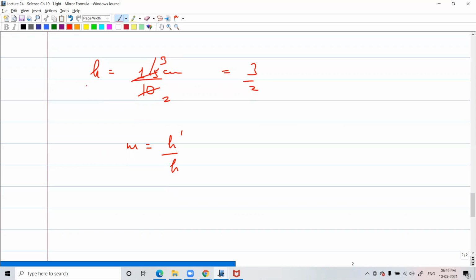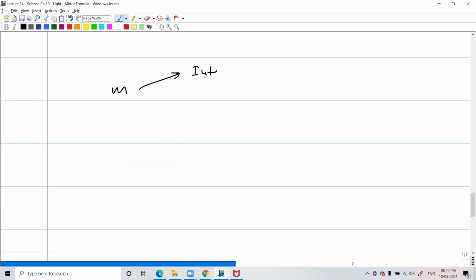What I was saying is, let's understand this magnification in one more layer. Let's peel one more layer of this magnification. So I said, if m is an integer, that means it is greater than 1. Image is larger than object.